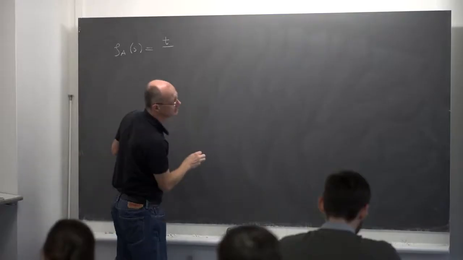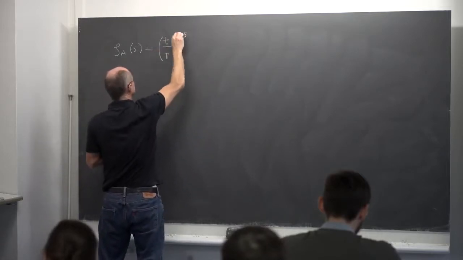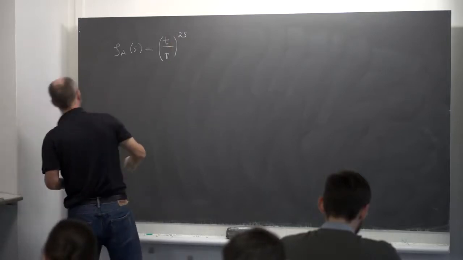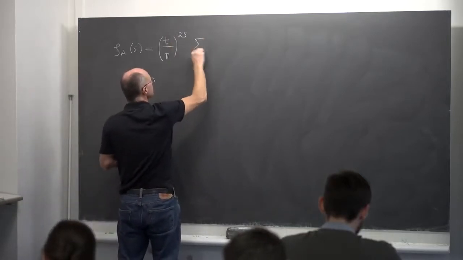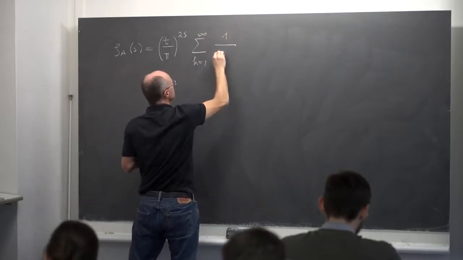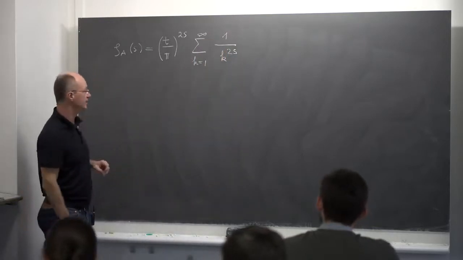It is t over pi to the power 2s, and then sum over k from 1 to infinity of 1 over k to the power 2s.